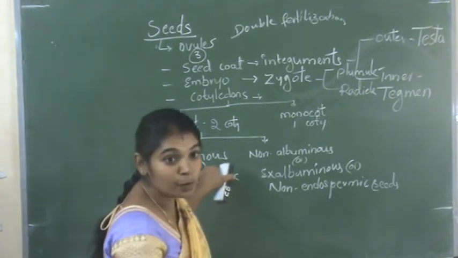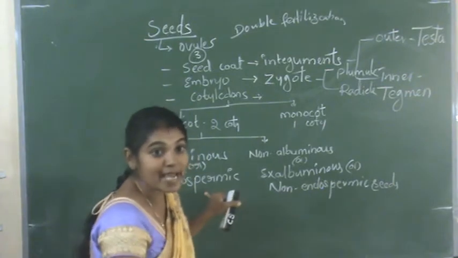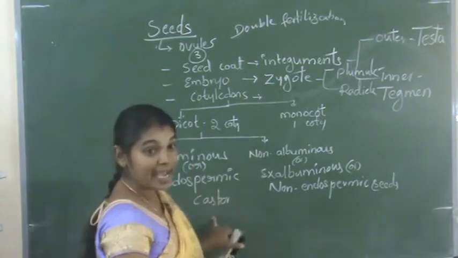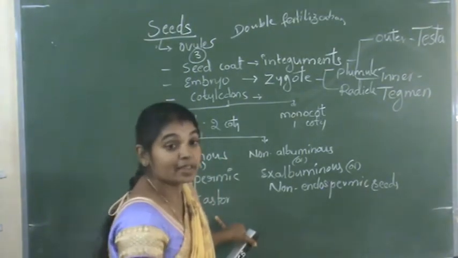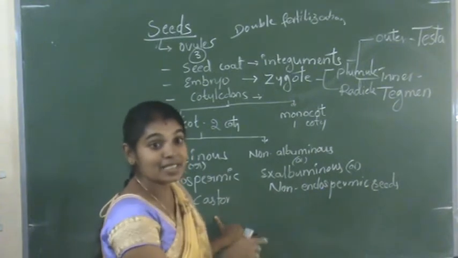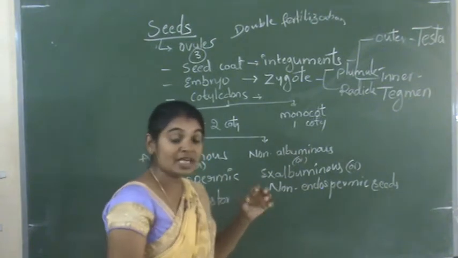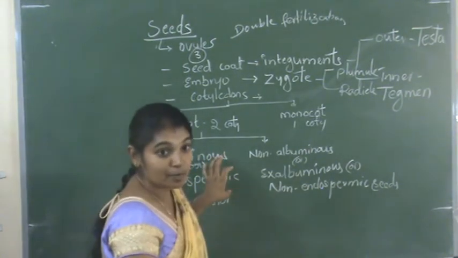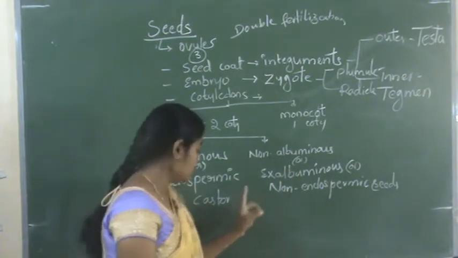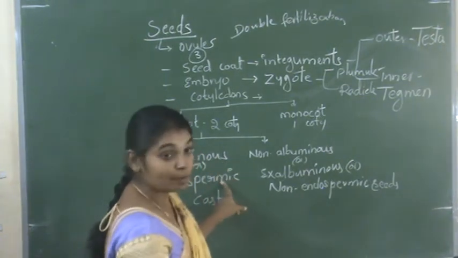An example for albuminous or endospermic seeds is castor seeds, in which the endosperm is still present even after the consumption by the embryo. Even if the embryo consumes endosperm, it still contains some amount of endosperm. That is called albuminous or endospermic seeds.